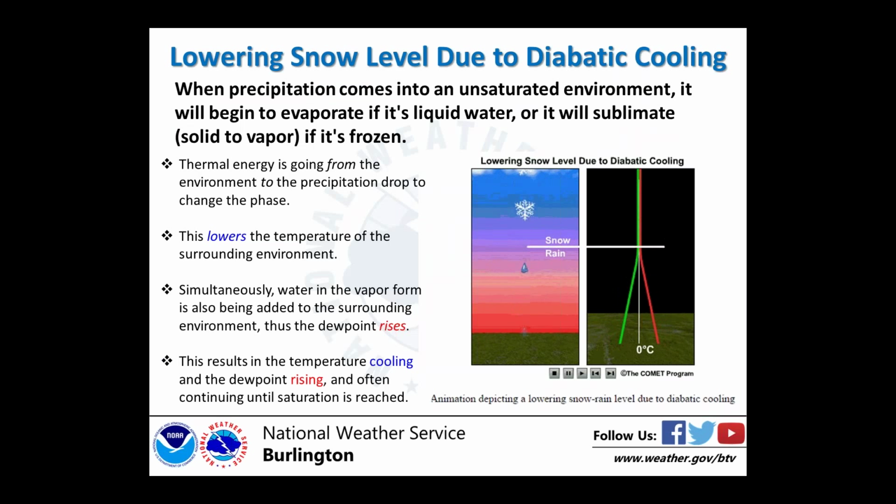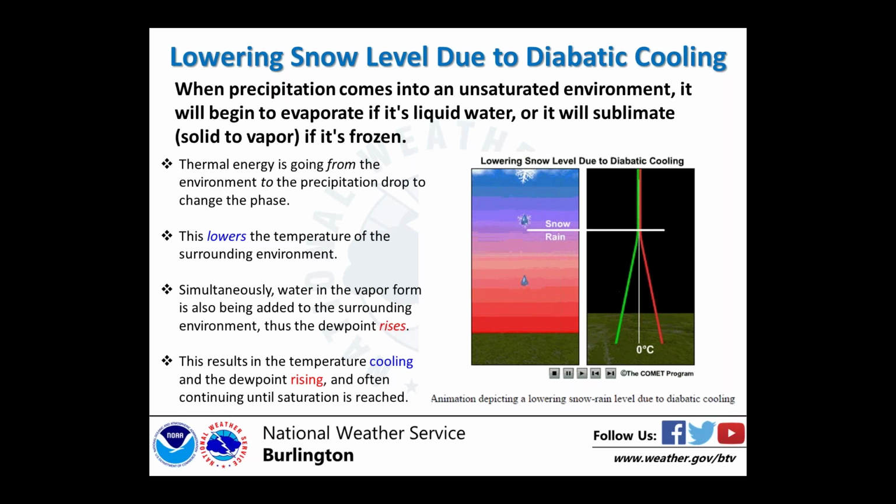Another thing that makes our job a little difficult forecasting is that the snow level will actually lower or get closer to the ground due to what's called diabatic cooling. Basically, when precipitation comes into an environment that's not completely saturated, in other words, the temperature and the dew point aren't close together, that precipitation will begin to evaporate if it's liquid water, or it'll sublimate, turning solid to a vapor, if it's frozen.